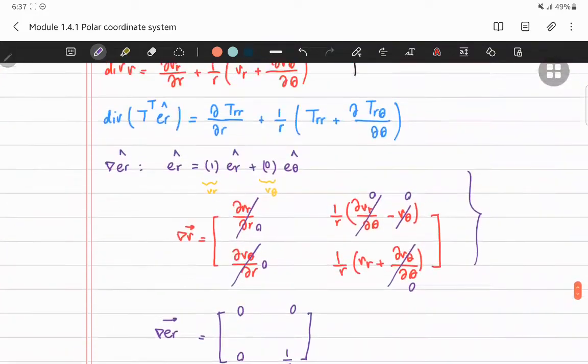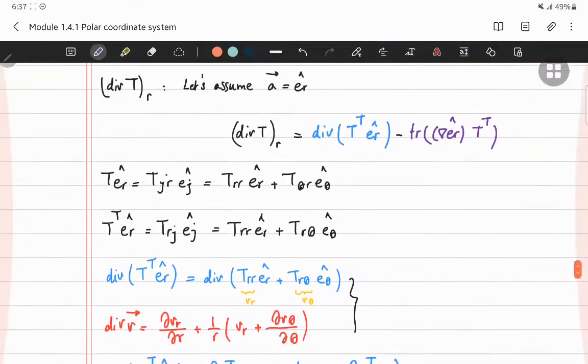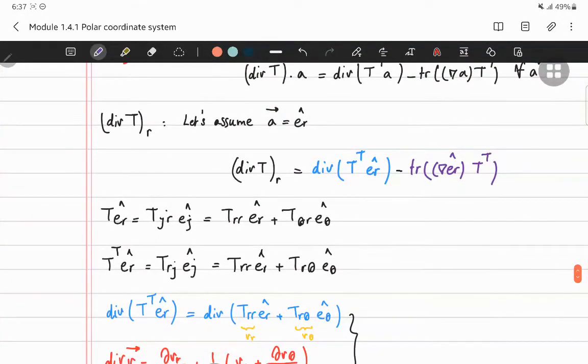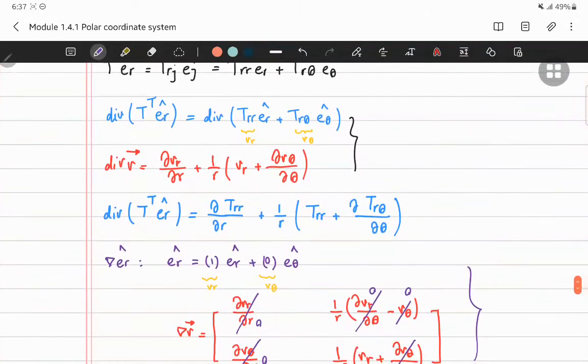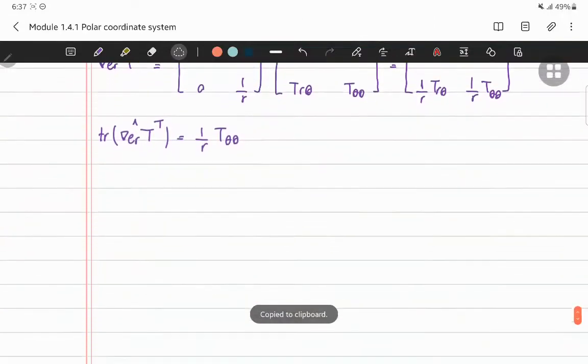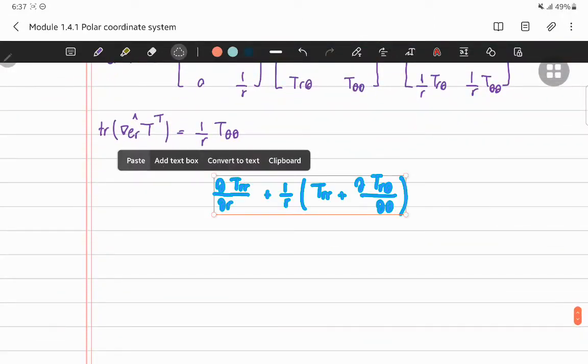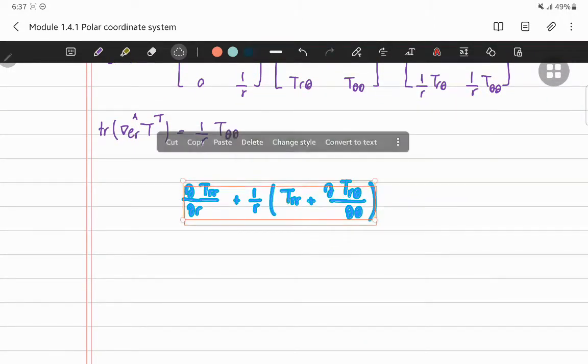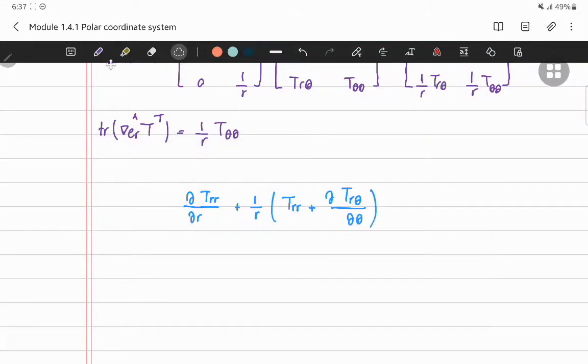Perfect. Now I have my first expression here. Copy. Just paste it here.